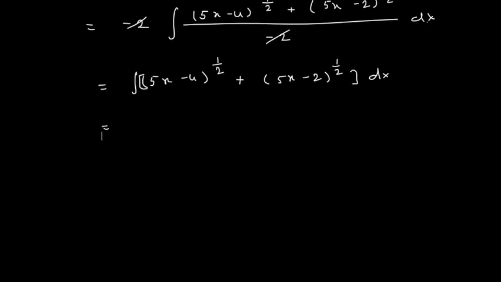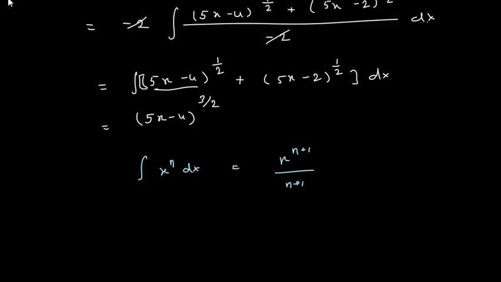Now you see that this 5x minus 4 is of the form of ax plus b, and we know that integration of x power n dx is x power n plus 1 upon n plus 1. So if I apply this concept here, it will be 5x minus 4 the whole power, now I have to add 1, so 1 by 2 plus 1 is 3 by 2, whole divided by 3 by 2.